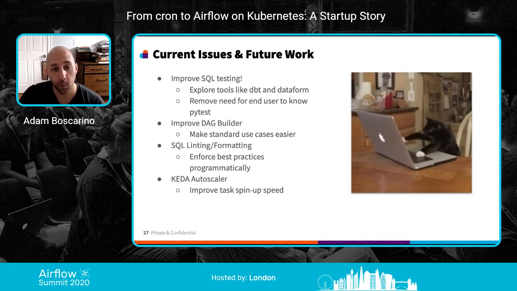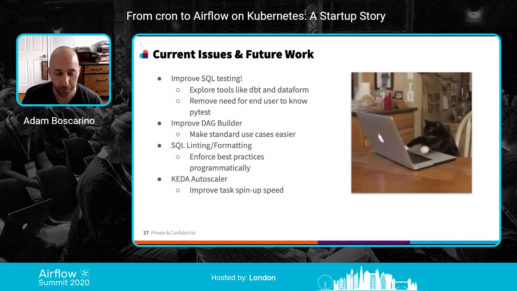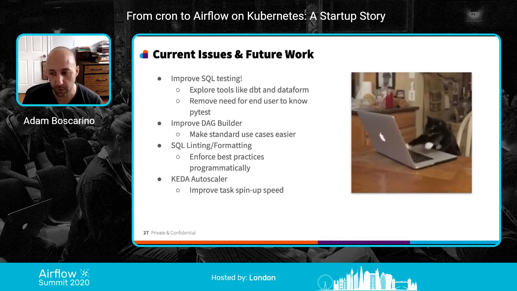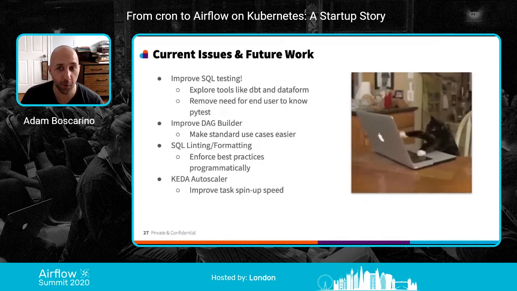The last thing we're planning on working on is improving or experimenting with the new KEDA autoscaler that Astronomer recently announced. One downside we found with the Kubernetes executor is that every task is a pod, which I also mentioned was a positive, but that means every task needs to spin up its own pod.